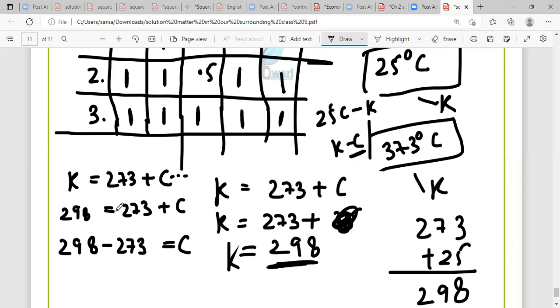Here the value was positive, so it will become negative. So when you subtract, what will you get? Just subtract and tell me the answer.